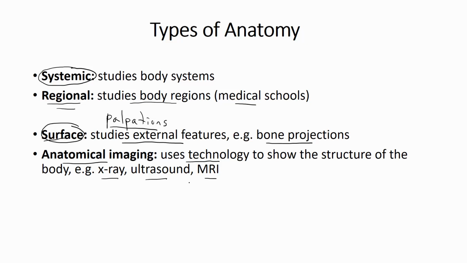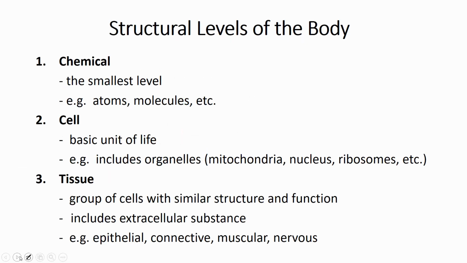If I want to look at muscle, tendons, things like that, I'm going to use MRI. All of these are important. In this particular class, we are going to use dissection. We're not going to focus on these too much. In your future training, you'll learn a lot more about each of these.